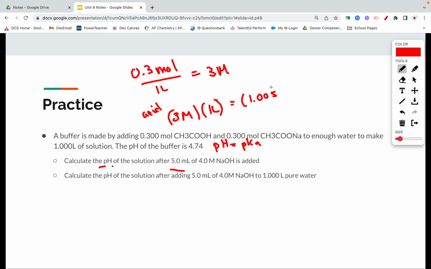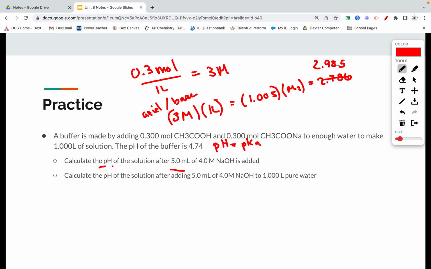And what's our new concentration? It's 2.985. Sorry, 0.2985. And we're still adding 0.3 moles of our base too, so it's the same exact dilution.